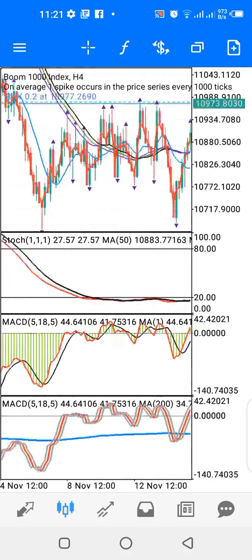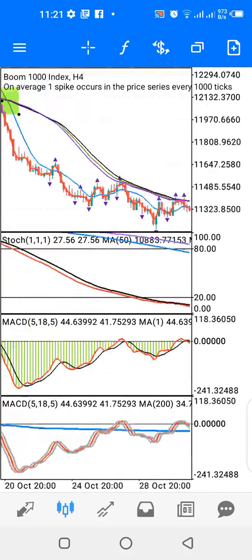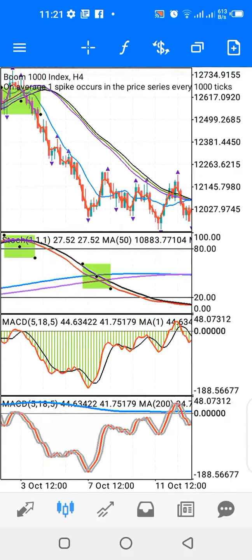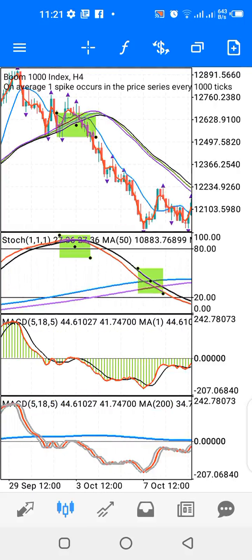Price sold, and as price sold, you are guided by the bearish trend development that started around here. So that's basically how you use the indicators on indicator window 1 to generate good trade entries.